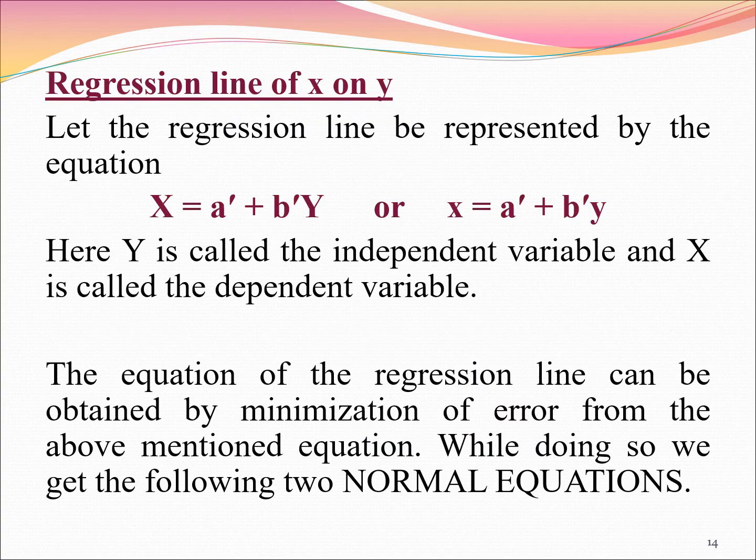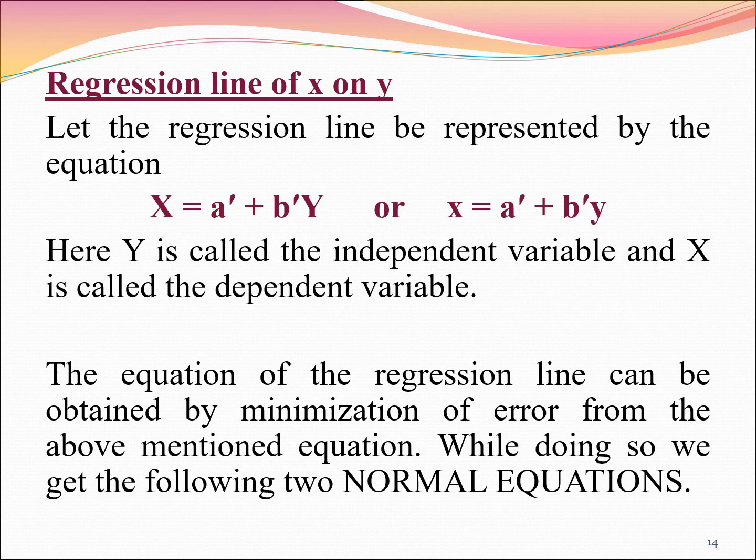A similar logic can be applied for the regression equation of x on y. The equation is given as x equal to a dash plus b dash y. In this case, y is the independent variable and x is the dependent variable. Same situation if we try to minimize the error.